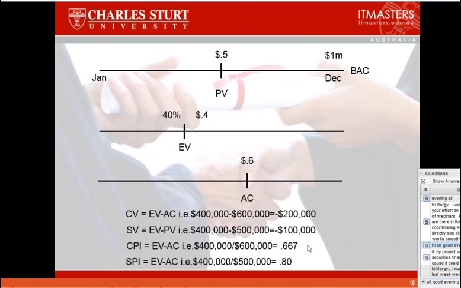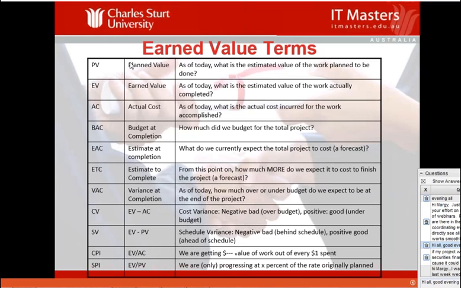So if you understand what we've just presented there on the screen, you will have enough understanding of earned value management to then figure out what the other possible calculations you might need to know. If we look at this screen here, we understand what planned value, earned value and actual costs are.